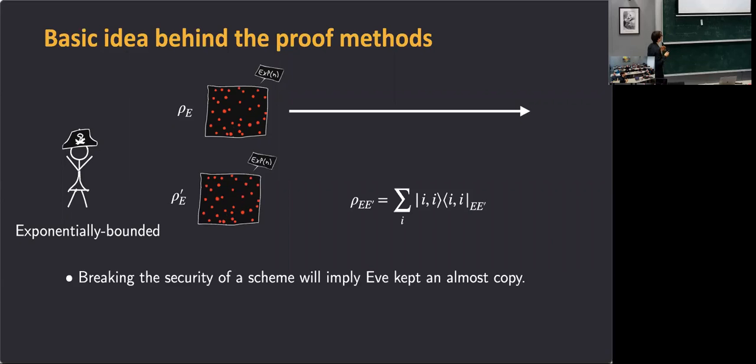And then we will see that if they can break the security of the scheme, it implies that they must also have kept a copy of the state, where a copy in classical formalism just means correlated random variables. In quantum formalism, it means a non-normalized quantum state in this basis.